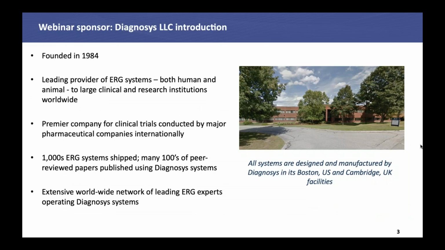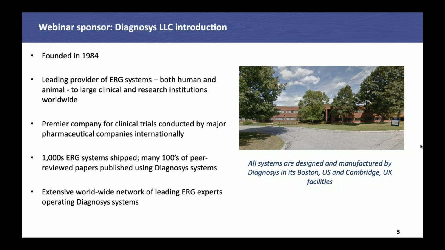So just a couple of quick introduction slides for those of you that may not know too much about Diagnosis. We were founded in 1984. We have offices just outside of Boston in the United States and just outside of Cambridge in the UK. And we're privileged to have distributors around the world.